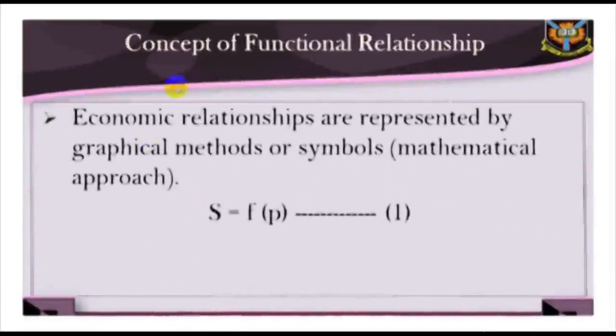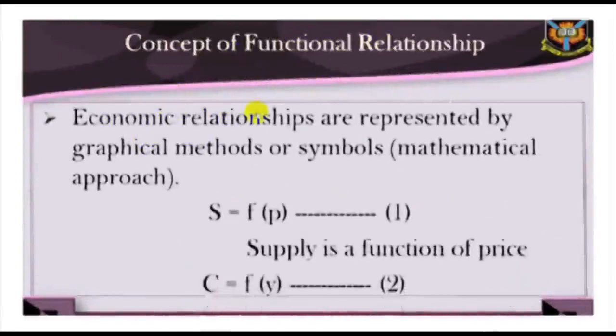This is a situation where economic relationships are represented visually by graphical methods or symbols, that is mathematical approach. For instance, S is a function of price, which is supply is a function of price, that is supply depends on price. Then C equals f(Y), consumption is a function of income.